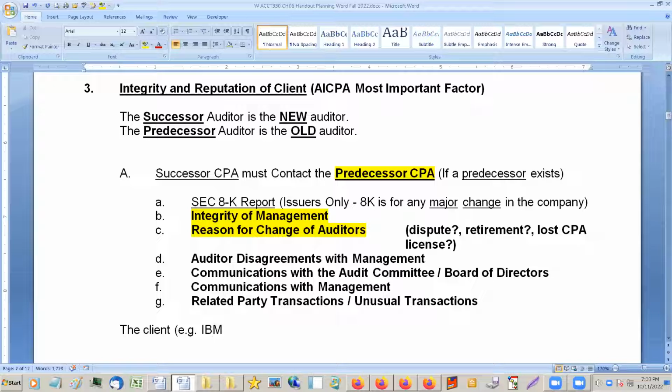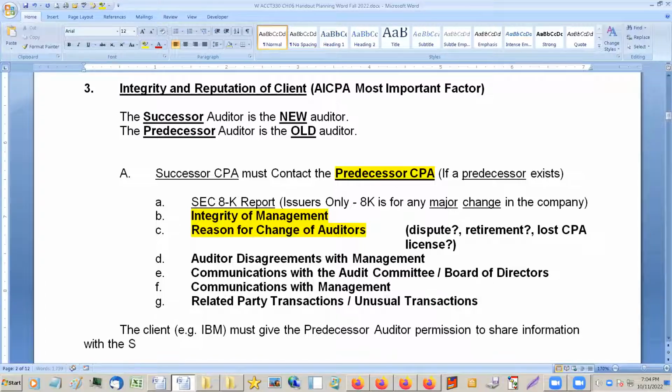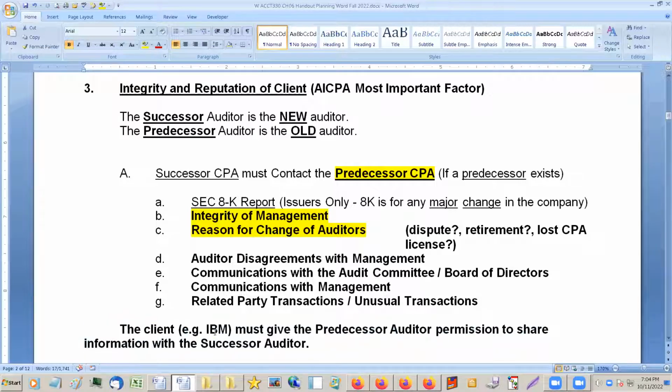So let me clean this up a little bit. The client, let's say it's IBM, must give permission to the predecessor auditor, the old auditor, to share information with the new auditor.